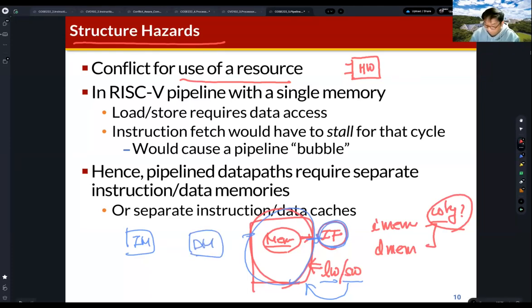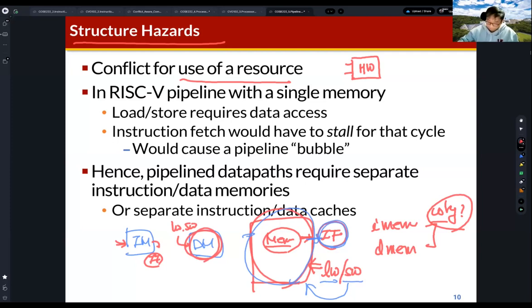So what is the benefit? Instruction memory is always occupied for instruction fetch, and load word and store word can use data memory at the same time, right? So we can avoid structure hazard.